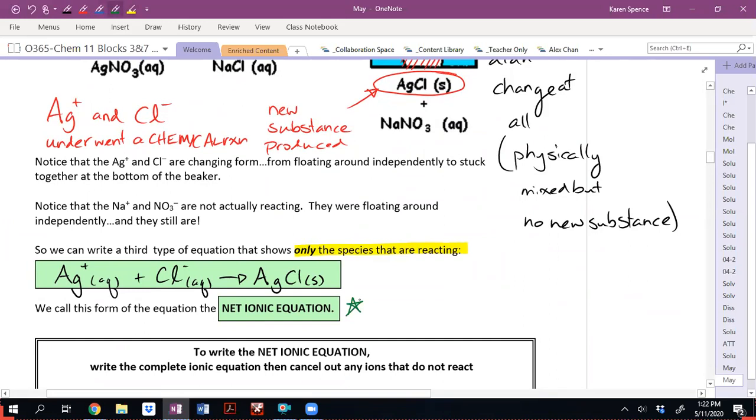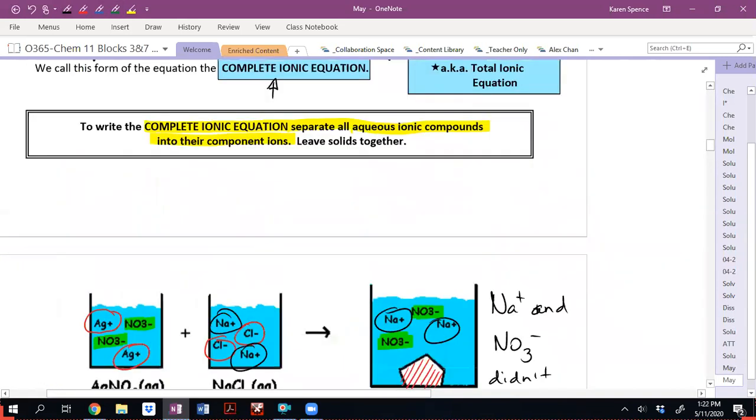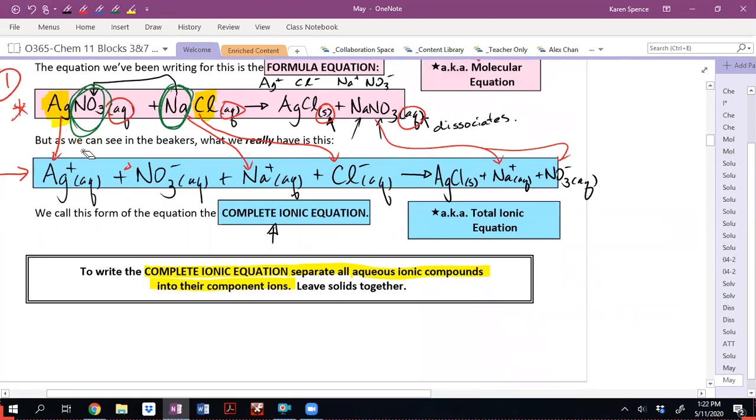Now, we can get the net ionic equation fairly easily from the complete ionic equation. Let's just go back briefly to our complete ionic equation. And I'm going to erase some of this nonsense because it's just making it horribly messy. There we go. Okay.